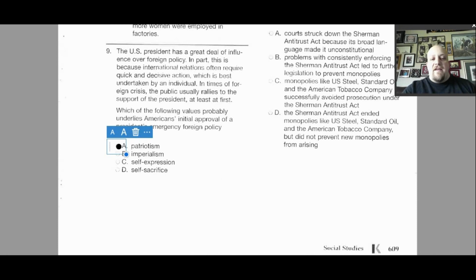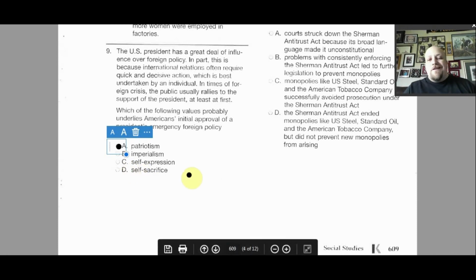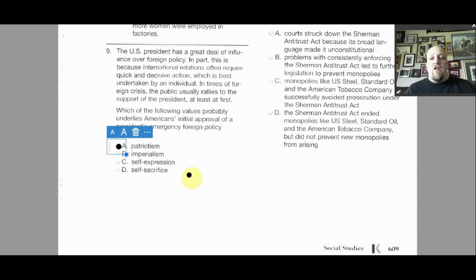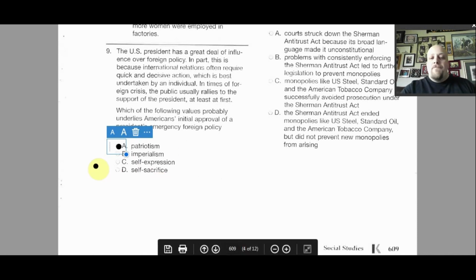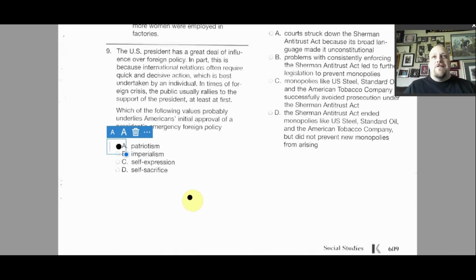So that doesn't really fit. Self-expression doesn't really make much sense. We're not trying to express ourselves. We're following the president and what they think. Self-sacrifice, not really sacrificing anything. The president's not sacrificing himself. We're not sacrificing ourselves. They might be sacrificing their personal ideas for the betterment of the people, but it really doesn't fit. So patriotism's your answer for that one.